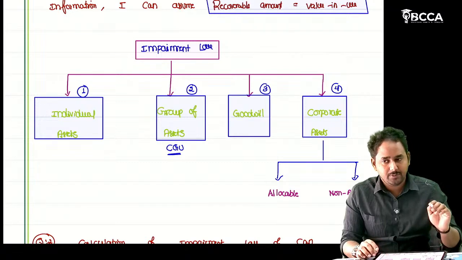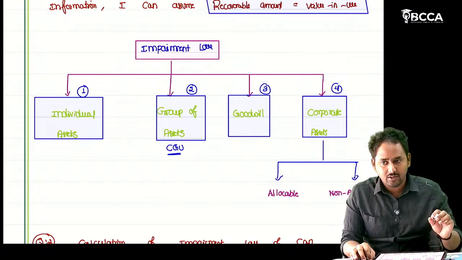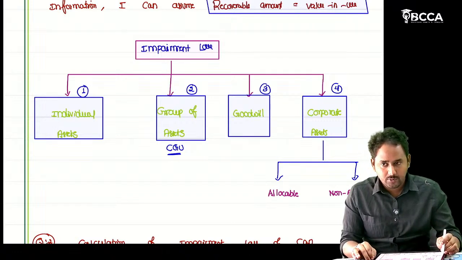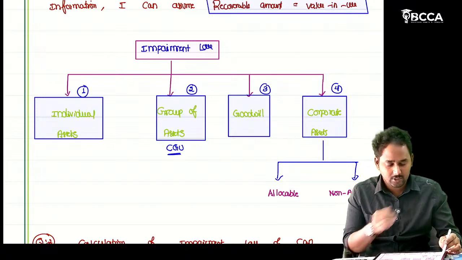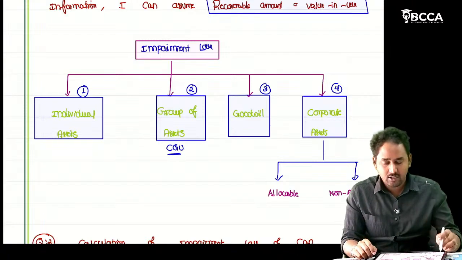The first aspect is that I cannot find out value in use for a few respective assets. That's why those assets are grouped into CGUs, groups of assets, cash generating units. Now these corporate assets also should be included in the CGU.